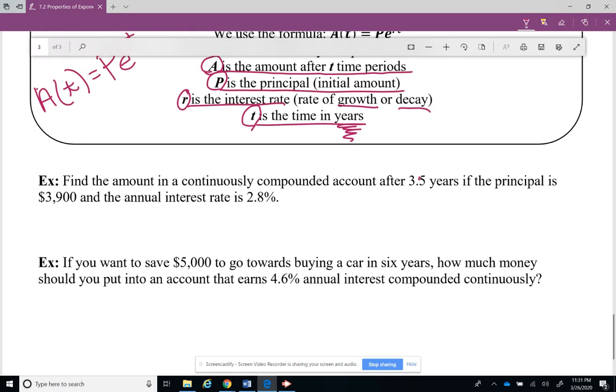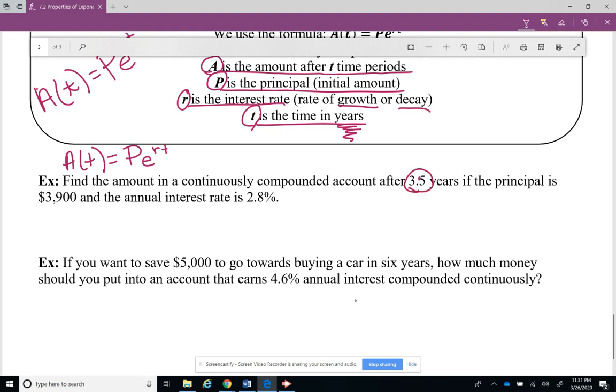All right, let's go to our first problem. Go ahead and write the formula again. A of T equals Pert. So capital P, little e, raised to the RT. All right, so for this problem, find the amount in a continuously compounded account after 3.5 years.